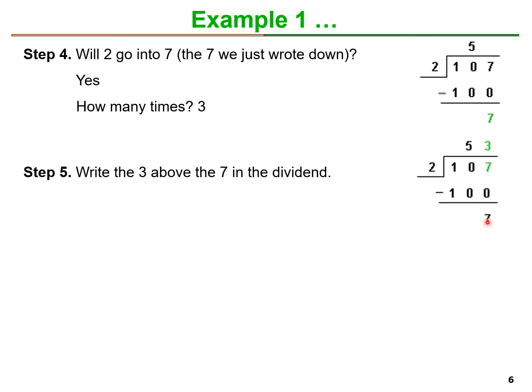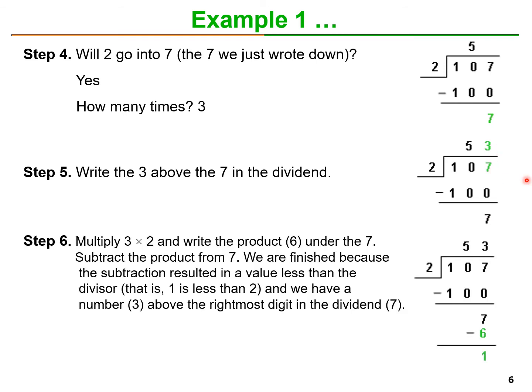Write the 3 above the 7 in the dividend. So we put the 3 above this 7 here. Then we multiply 3 times 2. So 3 times 2 will give me 6. And we put the 6 up under the 7 we wrote down in the last step. 3 times 2 is 6. The 6 goes under the 7.